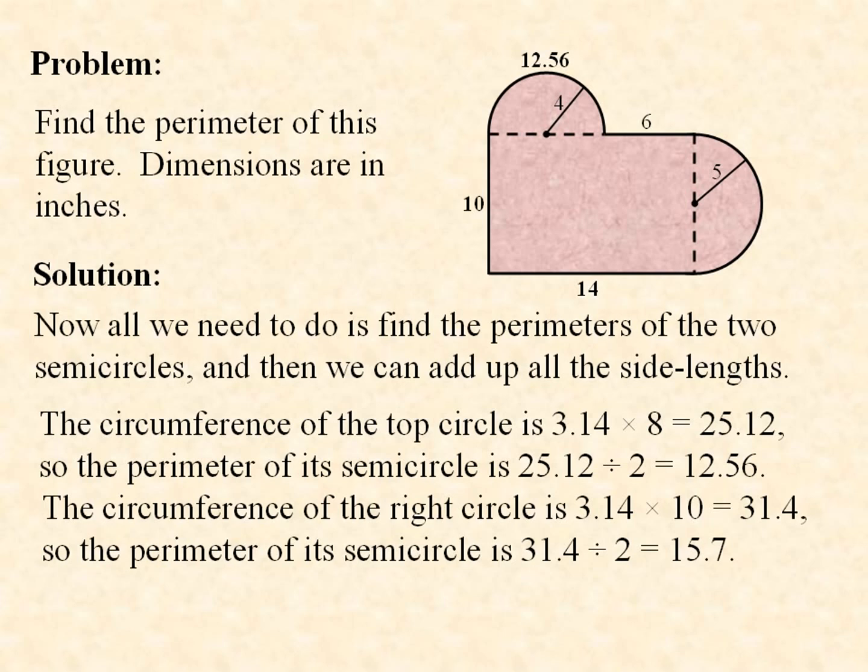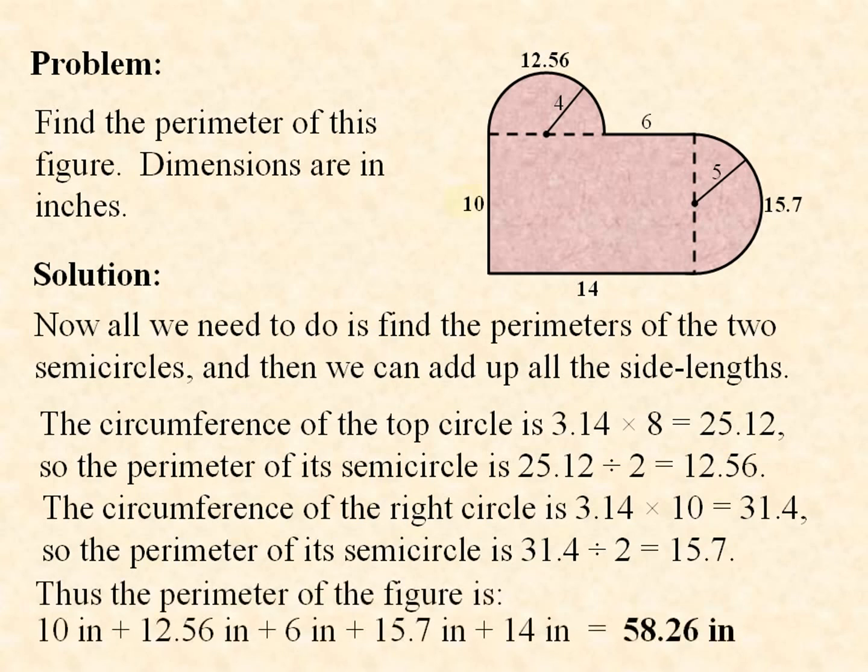So the perimeter of its semicircle is that divided by 2, which is 15.7. Therefore, the perimeter of the whole figure is 10 plus 12.56 plus 6 plus 15.7 plus 14, which is 58.26 inches.